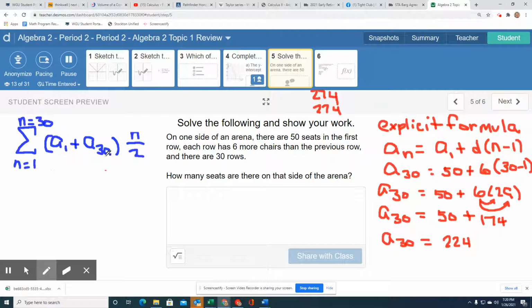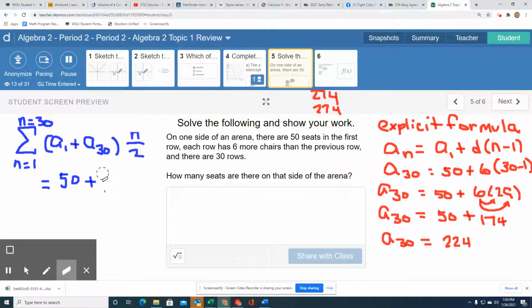Okay, so let's go ahead and put our numbers in here, and then we'll be able to figure out the answer. So A1, we said that in the first row, we know there's 50 chairs. In the 30th row, we said there is, almost made a mistake there. Let's go ahead and erase that. It was 224. I was right.